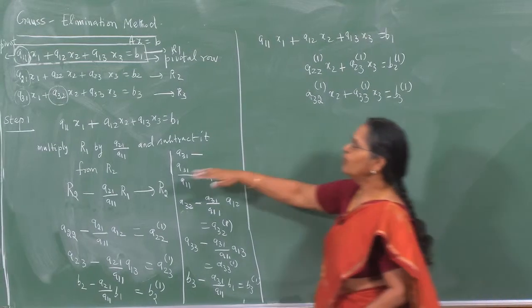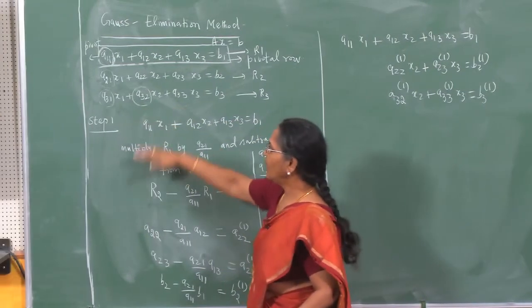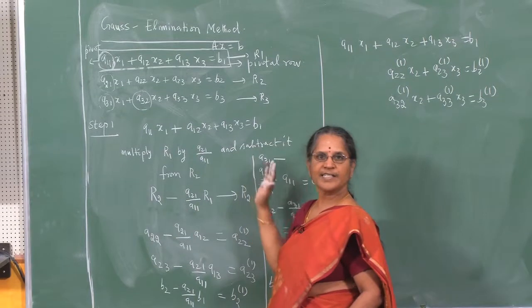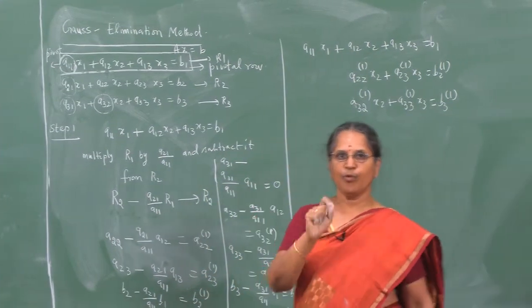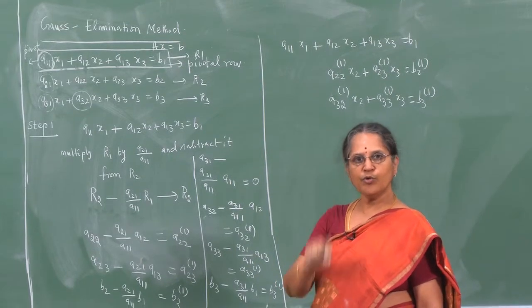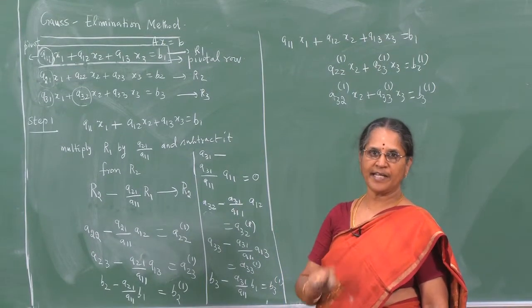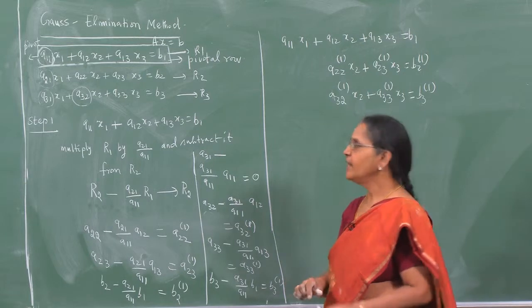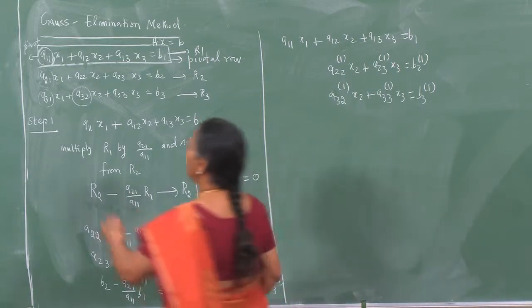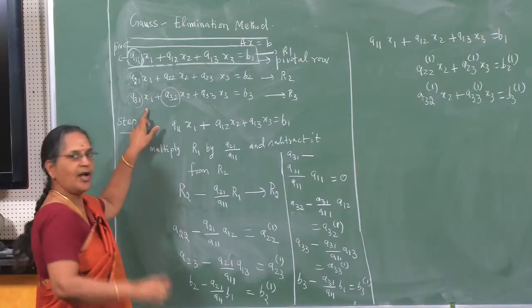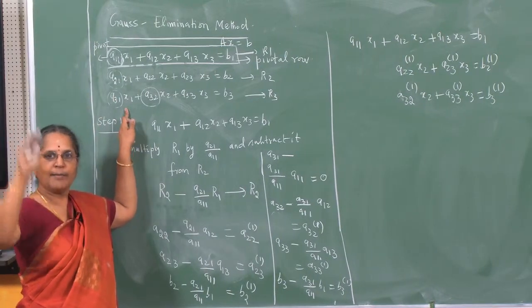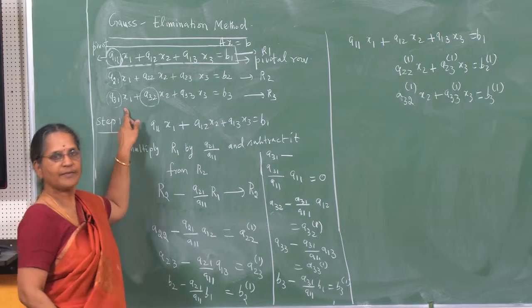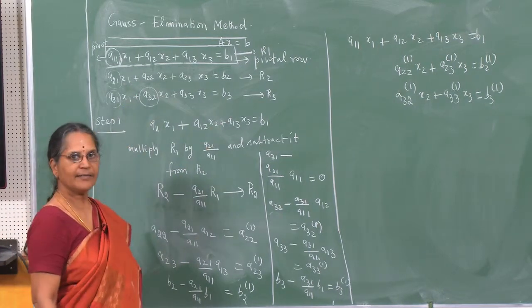If you have n equations in n unknowns, what is step 1? Step 1 is to use elementary row operations in such a way that the coefficient of x1 in all the rows below the pivotal row are made into zeros. That is what we have done.